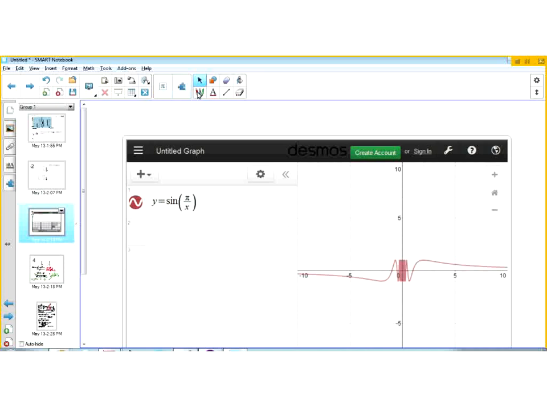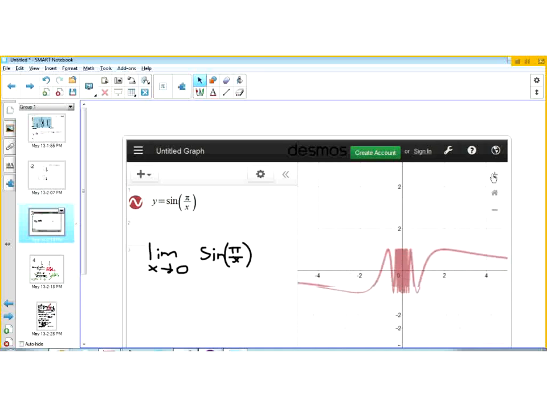So the problem here is, what is the limit as x approaches 0 of sine of pi over x? Well, obviously 0 is not in the domain of this function, because you can't divide by 0. And here's the graph. So maybe if we just zoomed in, we could ascertain the result.